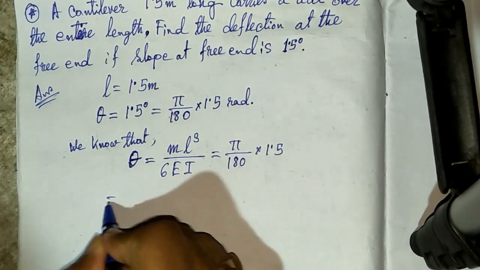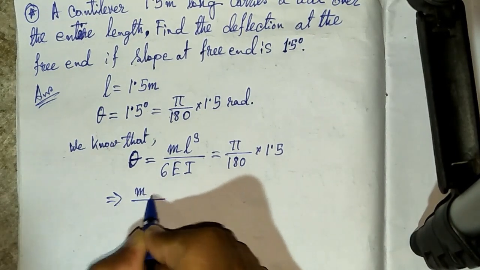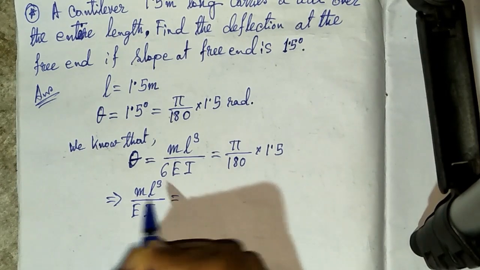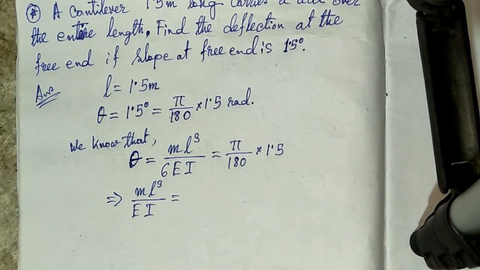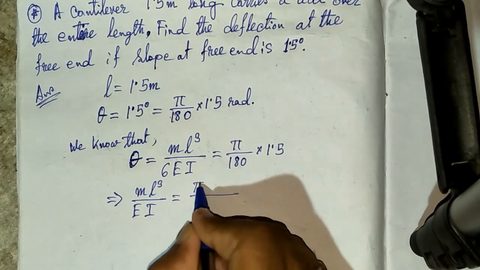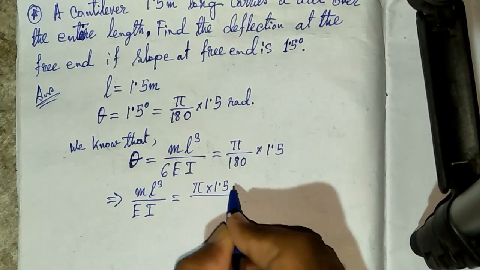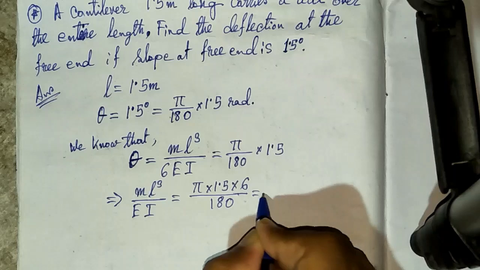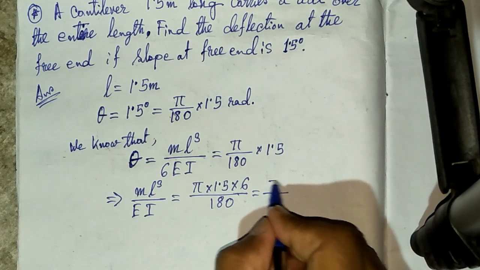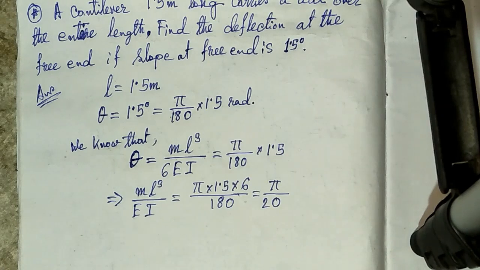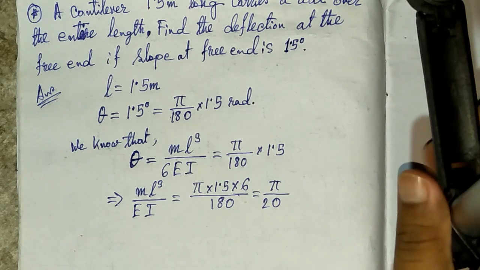So the value of m L cube by EI becomes pi into 1.5 into 6 by 180, that is pi by 20.